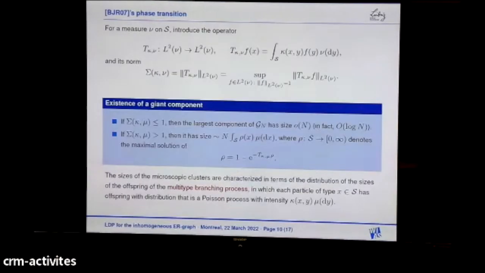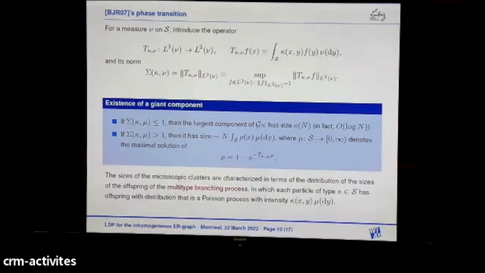So let me recall what the Bollobás, Janson, Riordan paper said. An important object is this operator upstairs. This is nothing but the operator with kernel kappa seen on an L2 space with measure mu. Mostly it will take mu equal to mu, but not always.